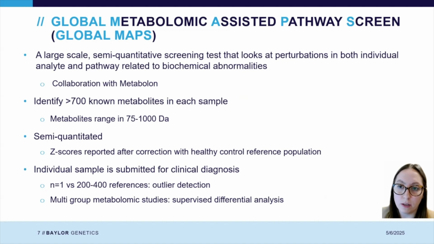Each individual profile is compared against a healthy control reference cohort of 200 to 400 samples to detect outliers and patterns of biochemical dysregulation. Metabolite levels are expressed as Z-scores, normalized to the control population, so clinicians can readily see which compounds deviate most significantly from the expected range. Global MAPS also supports supervised differential analysis across multiple groups, enabling the discovery of novel biomarkers and insights into disease mechanisms.